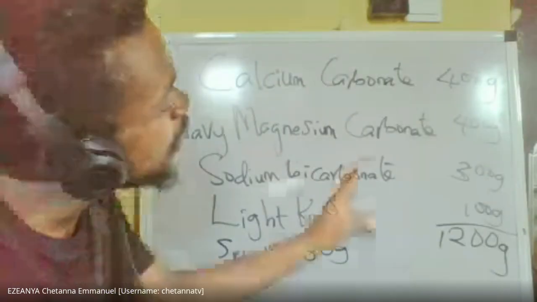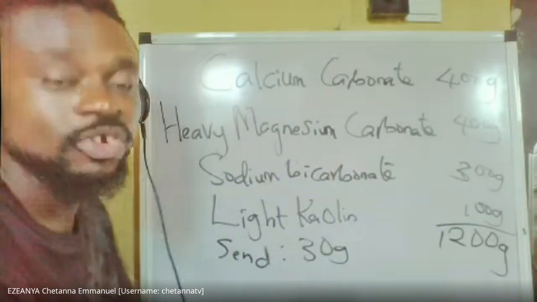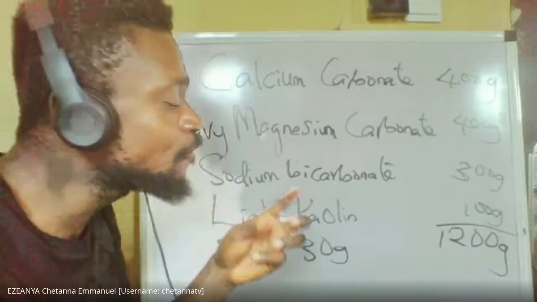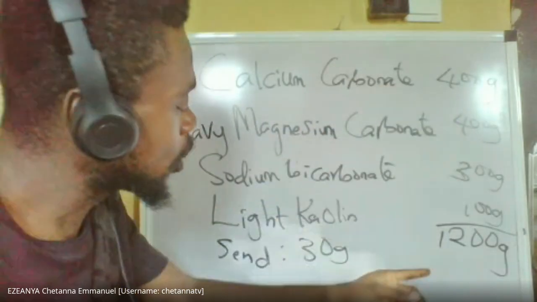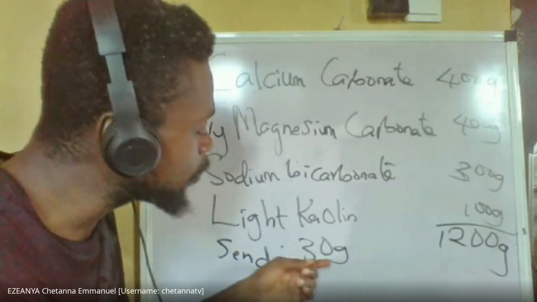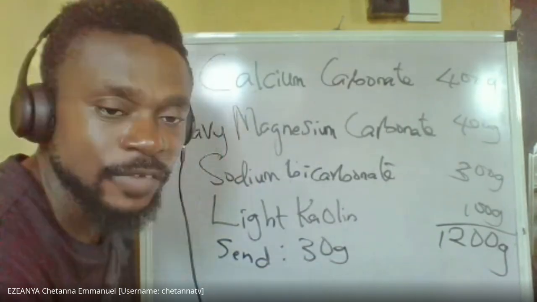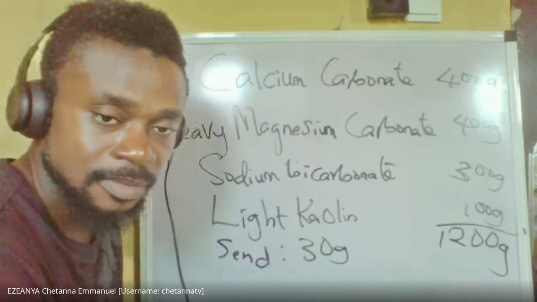From this master formula, if you weigh exactly all that is here, you cannot produce 30 grams of it because it will be more than needed.